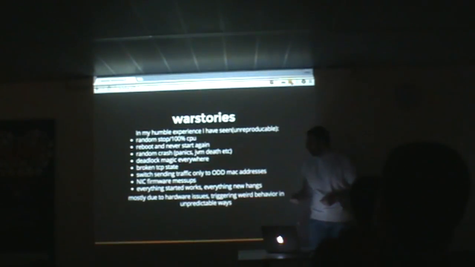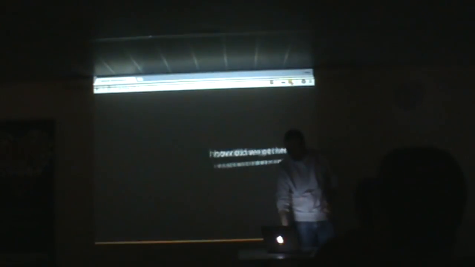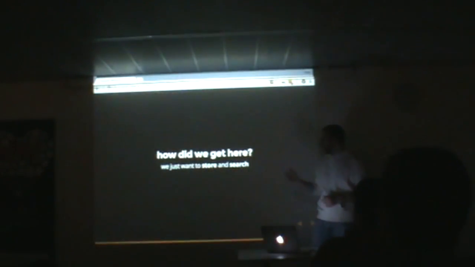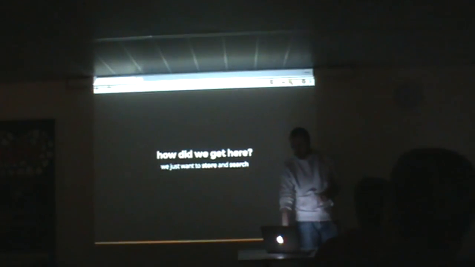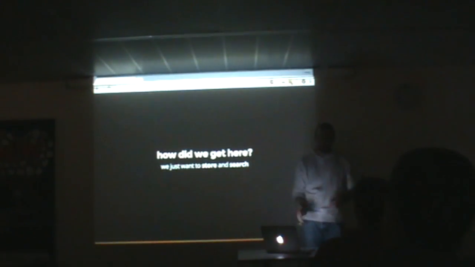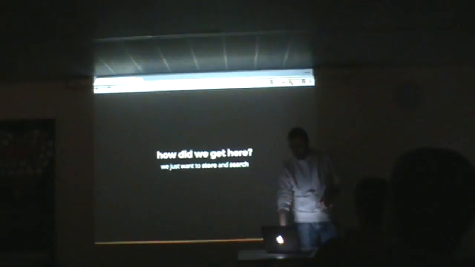But my point is, you have these kinds of issues happening, and then you have a distributed system that has to make decisions for you, usually under heavy pressure, and that's kind of shaky. How we started, we actually just wanted to store stuff and search it. We didn't want any of those crazy things.